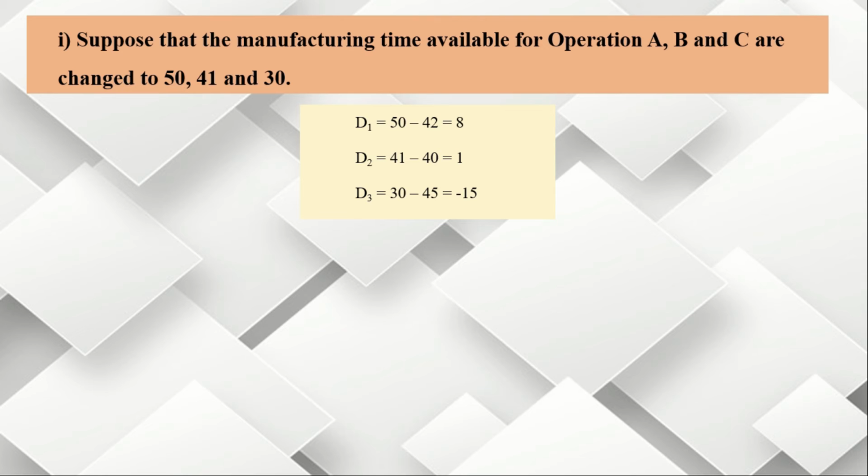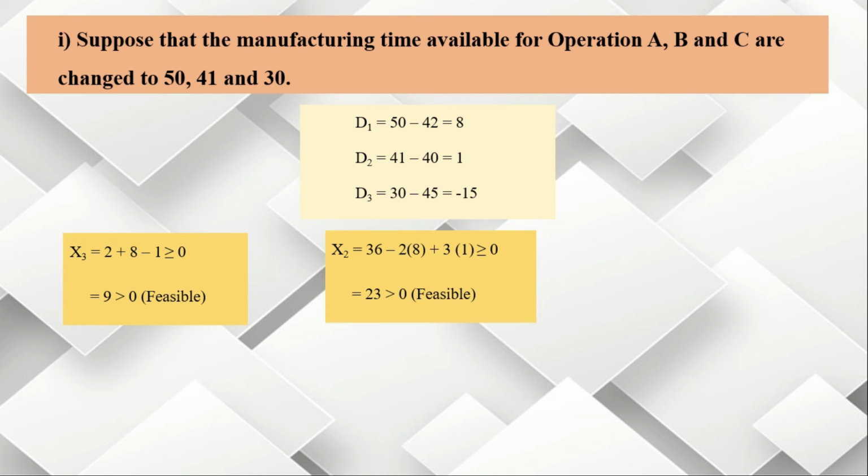After that, substitute the values of D1, D2 and D3 into the feasibility conditions for X3, X2 and S3. X3 equals 2 plus 8 minus 1, which is greater than or equal to 0, and we get X3 equals 9, which is more than 0. That means the equation is feasible. Then X2 equals 36 minus 2 times 8 plus 3 times 1, greater than or equal to 0, and the value is 23, which is more than 0.